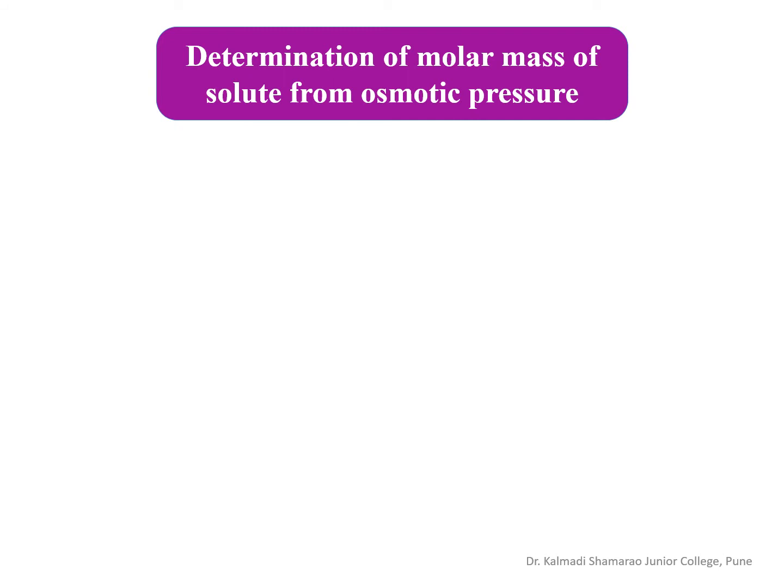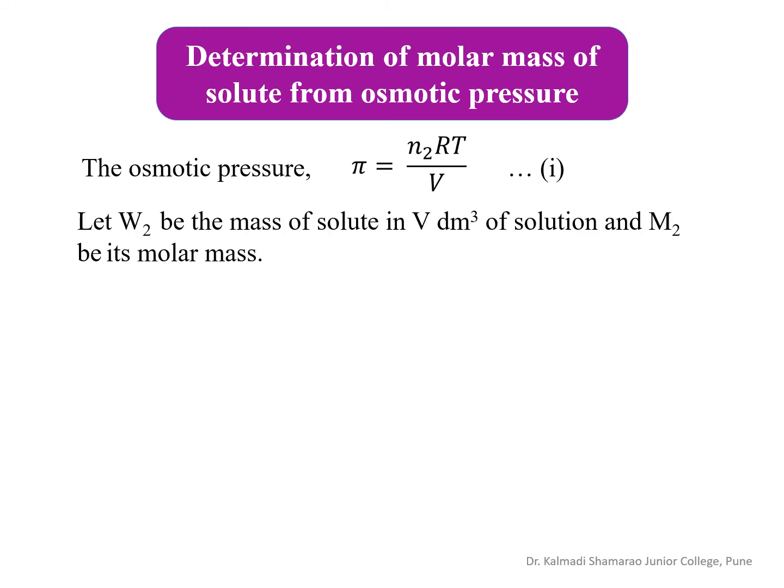By experimentally measuring the value of osmotic pressure of a solution, the molar mass of a solute dissolved in the solvent can be determined. The osmotic pressure pi is equal to N2RT upon V. This is equation 1. Let W2 be the mass of solute in V dm cube of solution and M2 be its molar mass. The number of moles of solute is equal to mass of solute in gram divided by its molar mass in gram per mole.